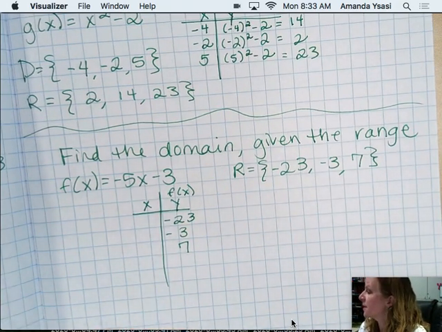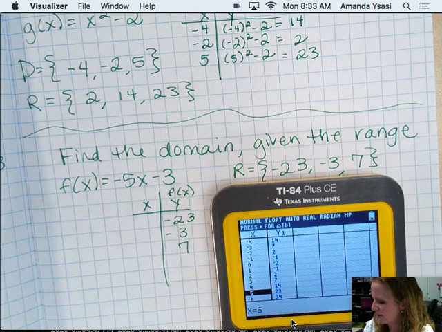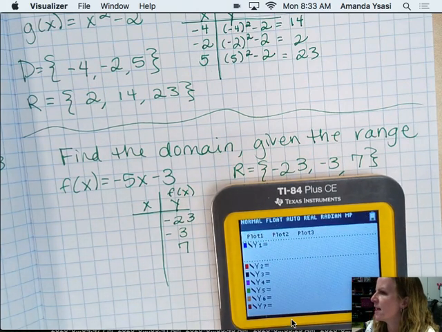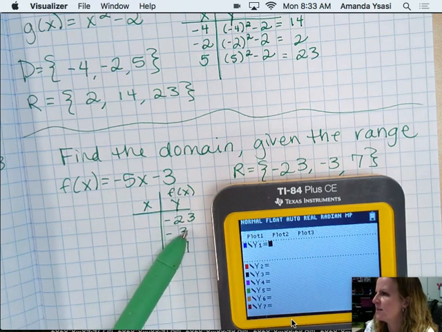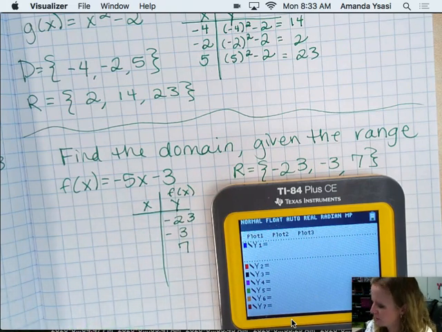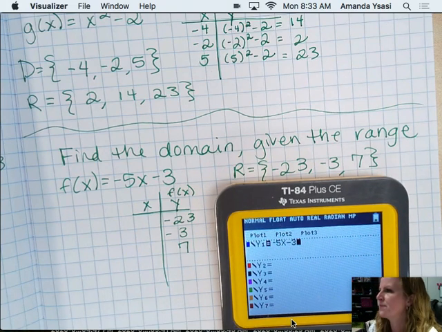We can use the calculator, but only if the x's are whole numbers, because whenever you plug it in, this isn't the right function, but whenever you plug it in, it uses the x values as whole numbers. So if any of the x values that match these are not whole numbers, then it wouldn't show up on your table. So we have -5x minus 3.